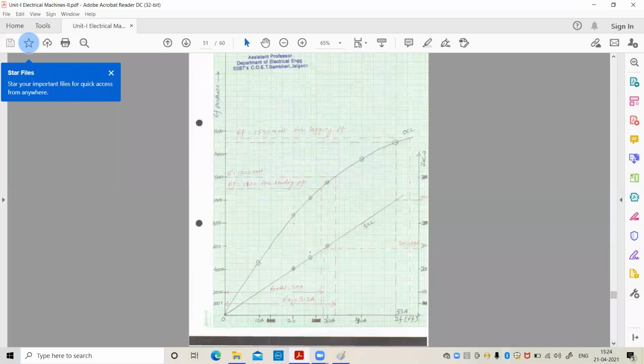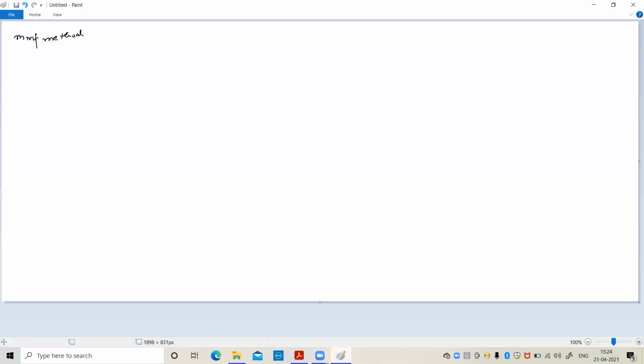Okay, now the second step. The first step is over, to draw the OCC and SCC. The second step is to find E dash.